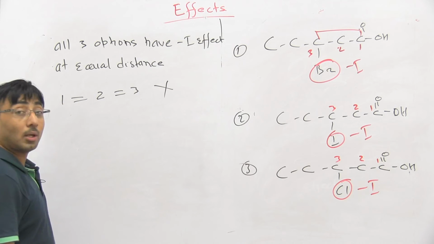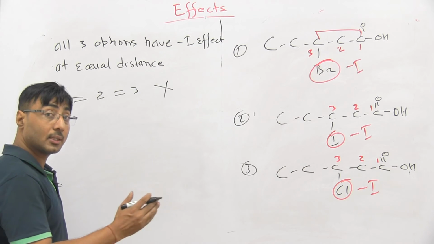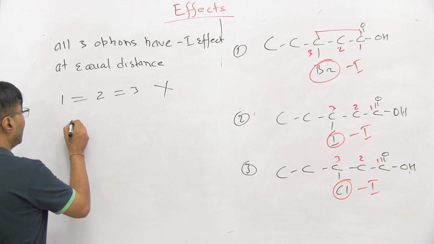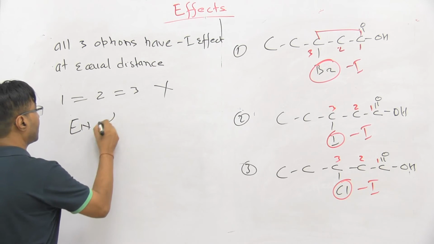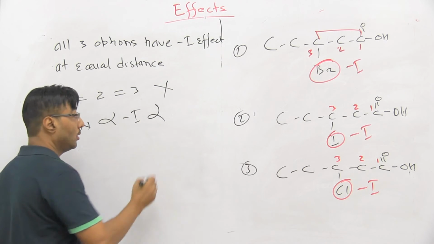And how to decide? All three have minus I effect, and all three have it at the same distance. So here we find that electronegativity is directly proportional to minus I effect, which is directly proportional to acidic character.